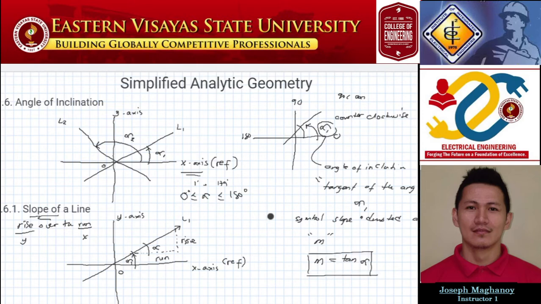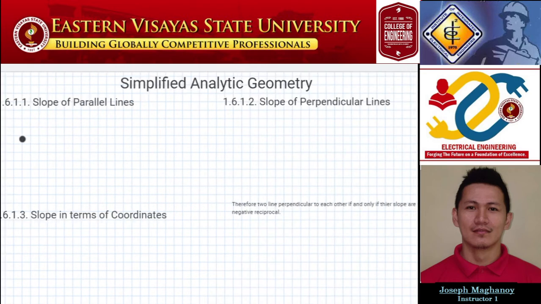So moving to the slope of parallel lines. Parallel lines are lines on the same plane that do not intersect, however far they may be extended. Let's simplify.